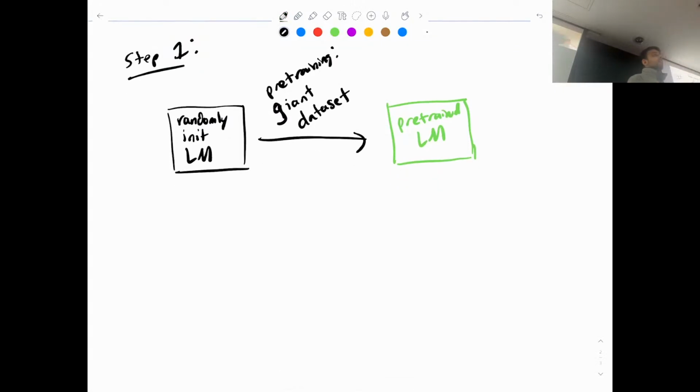Now, unfortunately, in post-training, there are millions of different things that you could actually do to this pre-trained model. You can fine-tune it on individual tasks. You can fine-tune it in general for instruction following. You can do reinforcement learning. There are so many different methods that people have developed.